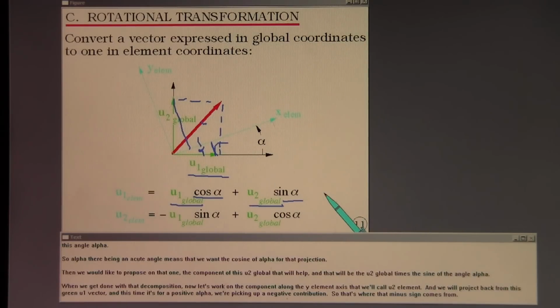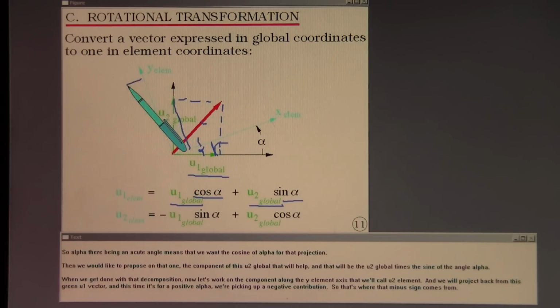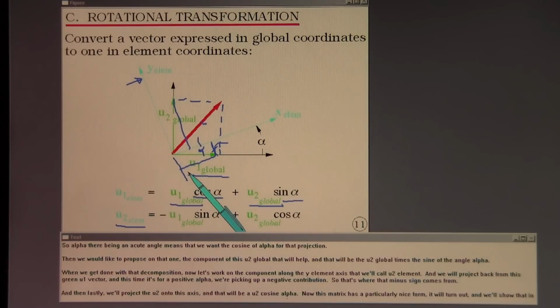When we get done with that decomposition, now let's work on the component along the y element axis that we'll call U2 element, and we will project back from this green U1 vector, and this time it's for a positive alpha, we're picking up a negative contribution, so that's where that minus sign comes from.